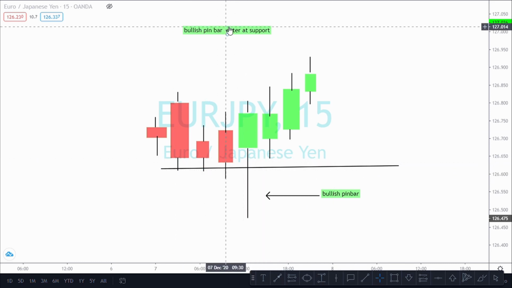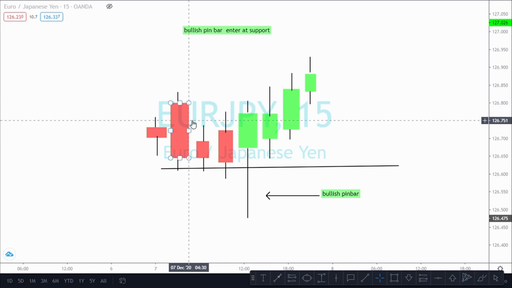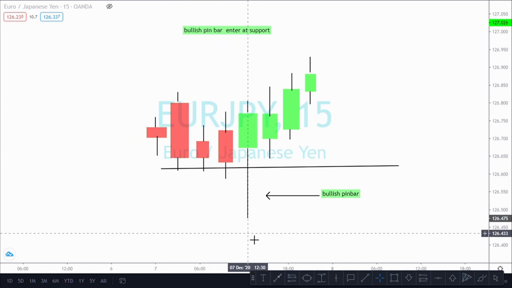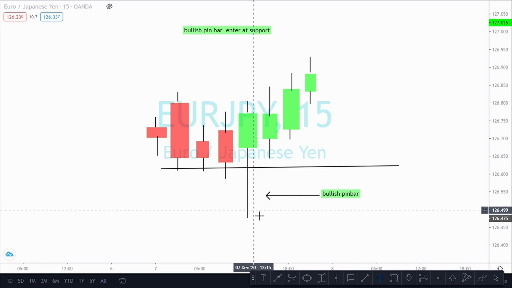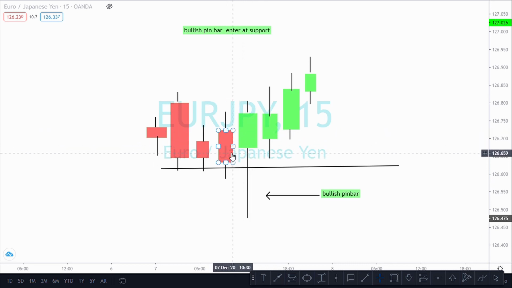You have support, you have resistance. But say now the market is in a downtrend, and you see it make a big drop, and then you see it wick back out and come all the way up and close above.